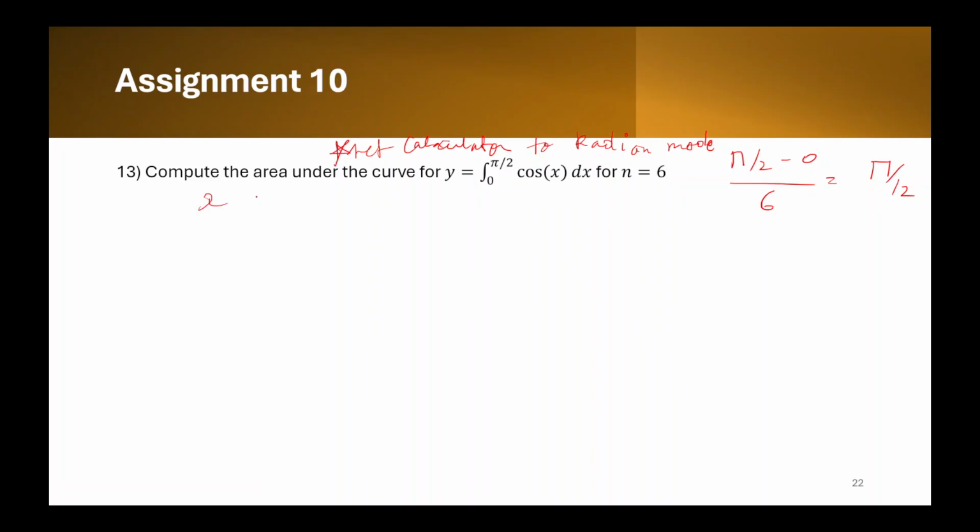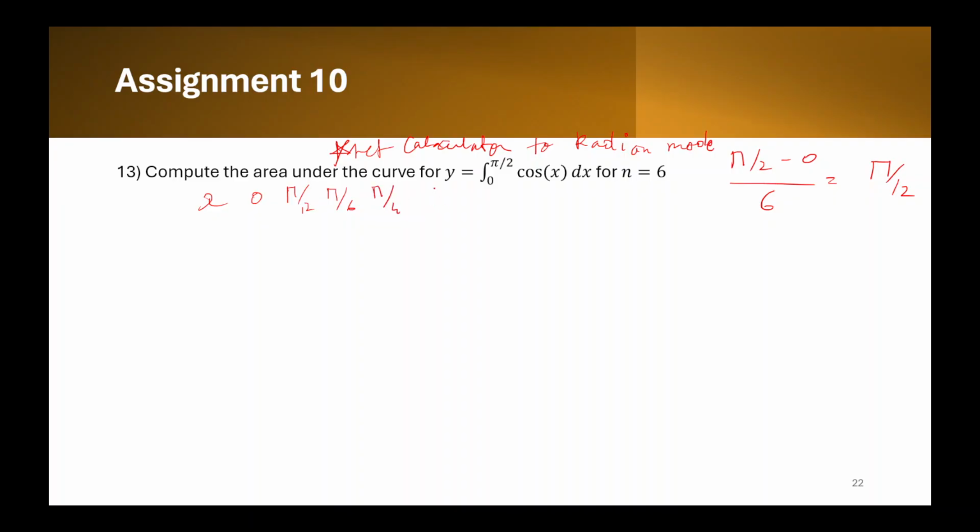So x is given to us: 0, pi by 12, pi by 12 plus pi by 12 will be 2 pi by 12, so pi by 6. Pi by 6 plus pi by 12 will be pi by 4.